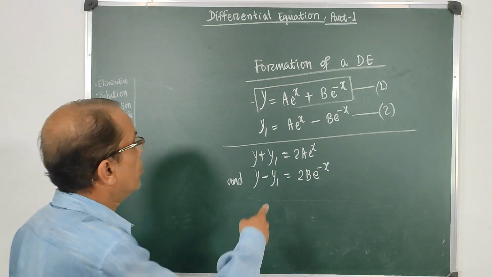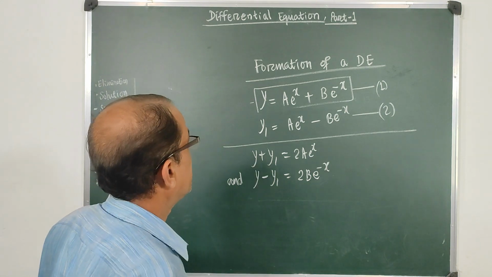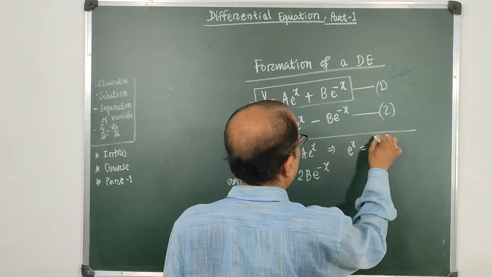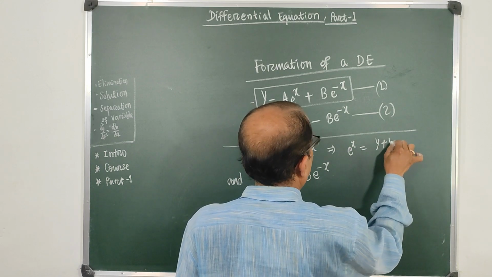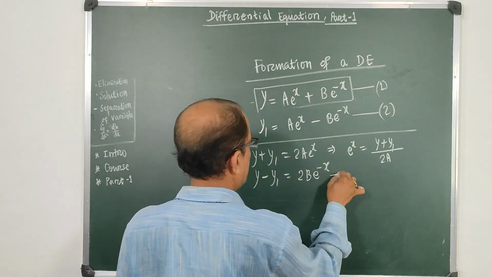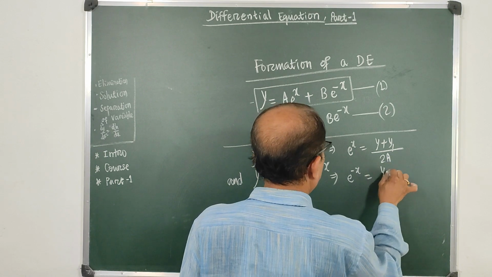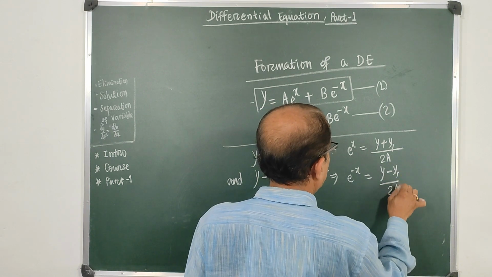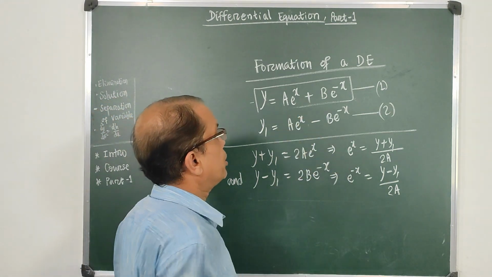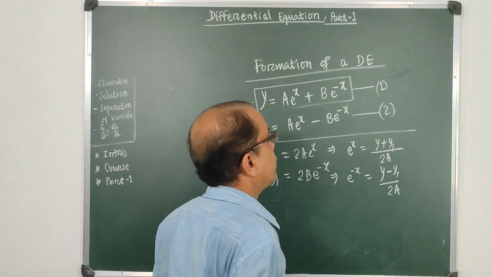So from this we get e to the power x is equal to y plus y1 by 2a, and from this we get e to the power minus x is equal to y minus y1 by 2b. If we put these two values here, we can also find different equations where y and y1 will be there.